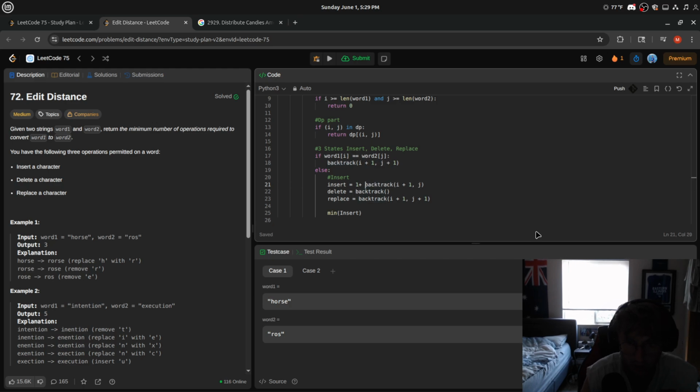Well, they'd all be 1 plus, right? 1 plus, 1 plus backtrack. Okay, dp[i][j] is equal to the min of insert, delete, replace.